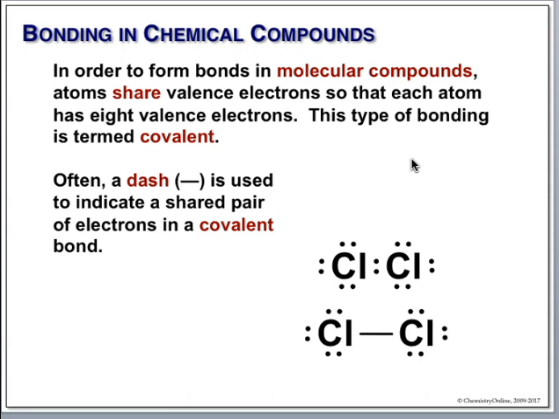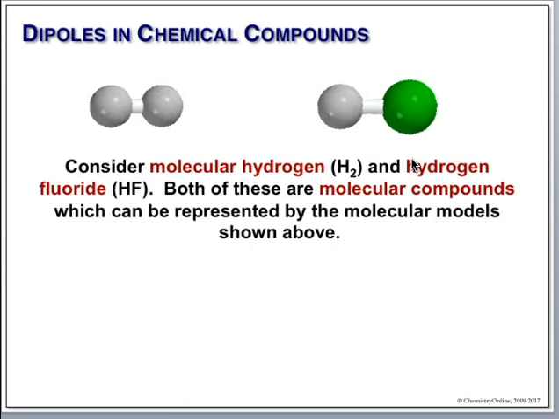But the sharing is not always perfect. In fact, it almost never is. Let's consider two cases. Molecular hydrogen, that exists as H2. And this is hydrogen fluoride. One hydrogen, one fluorine. Again, they're both molecular compounds with covalent bonds.